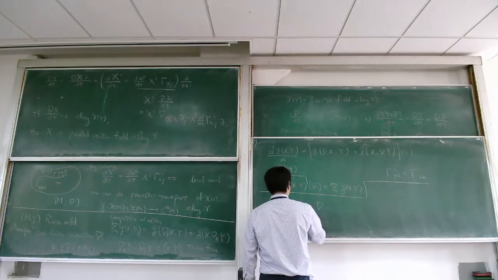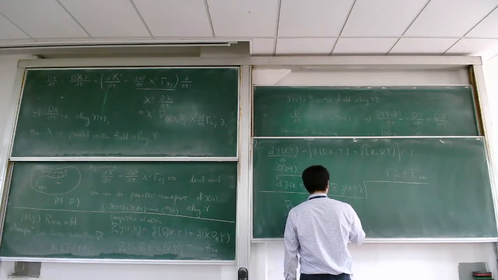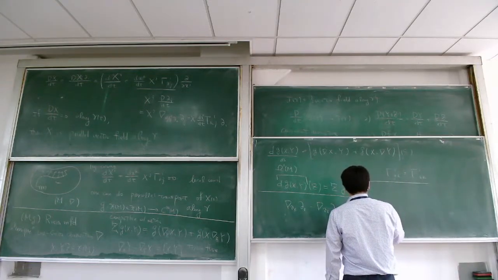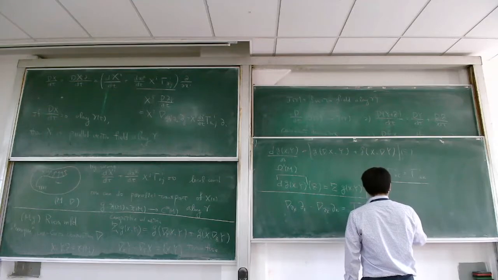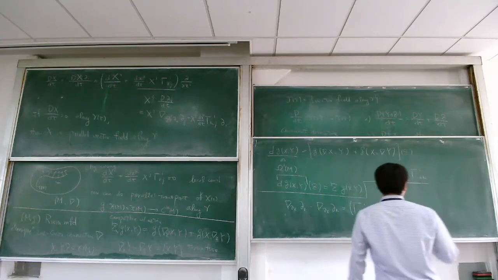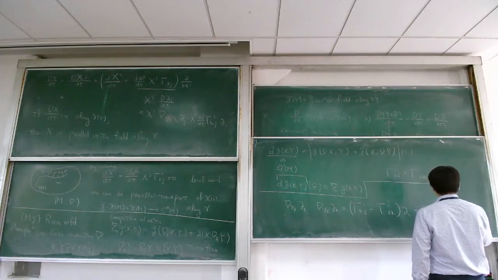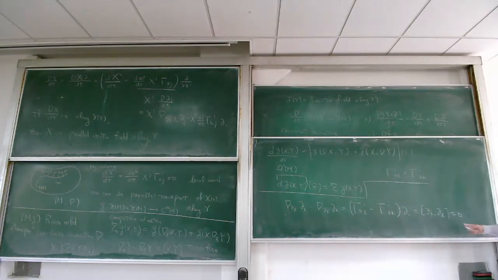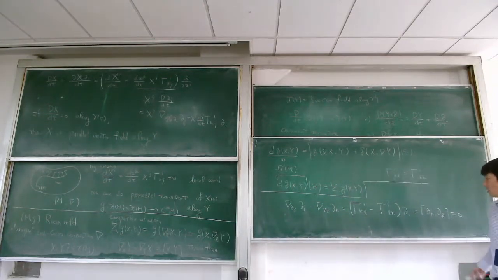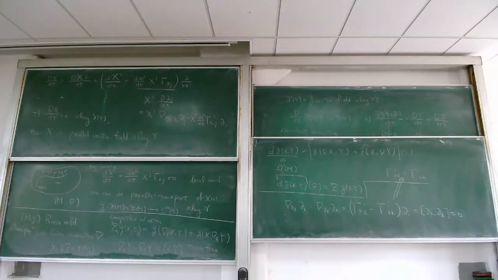Maybe I should use K, L. This is gamma^I_{KL} minus gamma^I_{LK}, applied to partial_I. But of course, this equals the commutator of partial_K and partial_L, which is equal to 0. So the second, torsion-free or symmetry condition tells us this. Therefore, this implies this one. Do you understand?